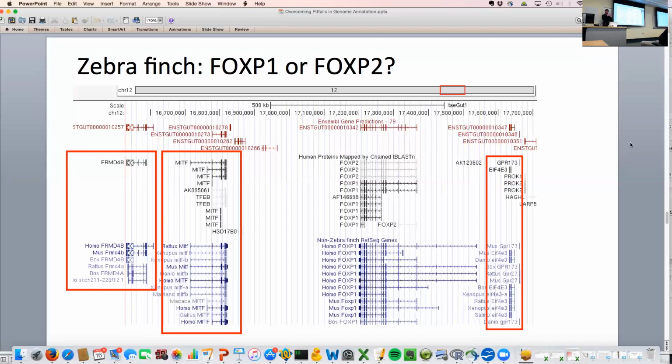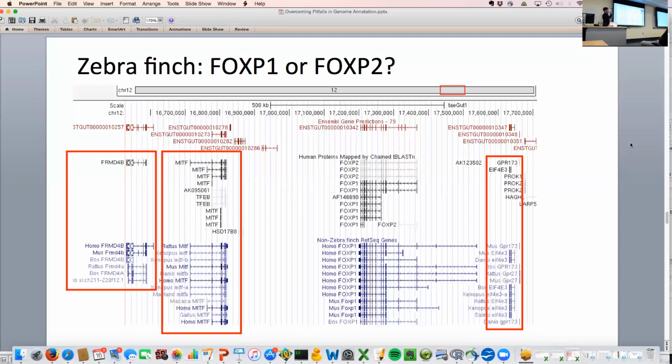Because again, this local gene order is generally very well conserved, even all the way down to fish. And so the neighbors here are, I don't know if everybody can read this, FERM4B, MITF, EIF4E3, and this GPR173. And so you can just kind of write that on a napkin and keep it in mind.